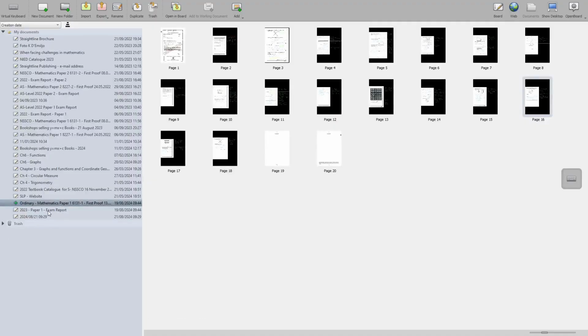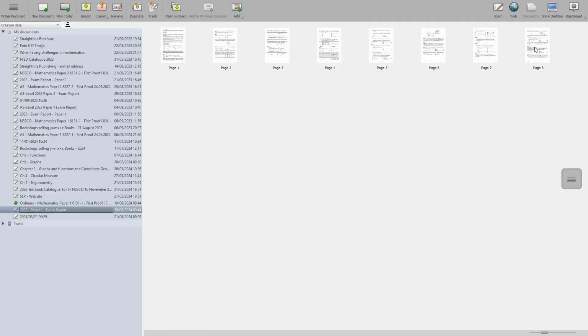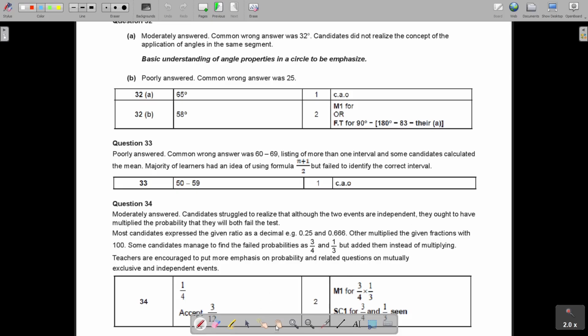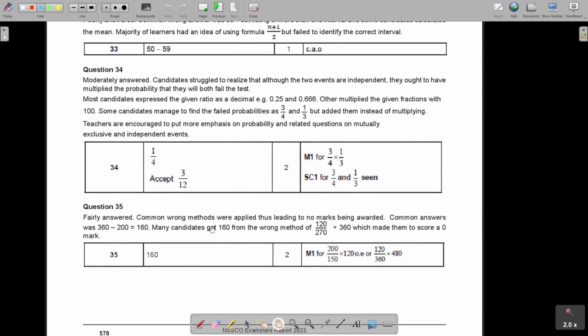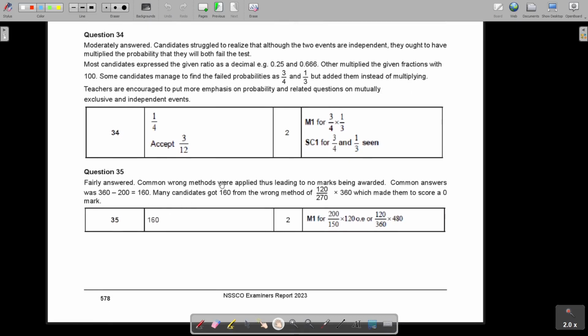So let's just go to the exam report and see what they say on the final question. Okay, so fairly answered. Common wrong methods were applied, thus leading to no marks being awarded. Common answers was this. Many candidates got four wrong and made a score of 0 marks. But it was 160.